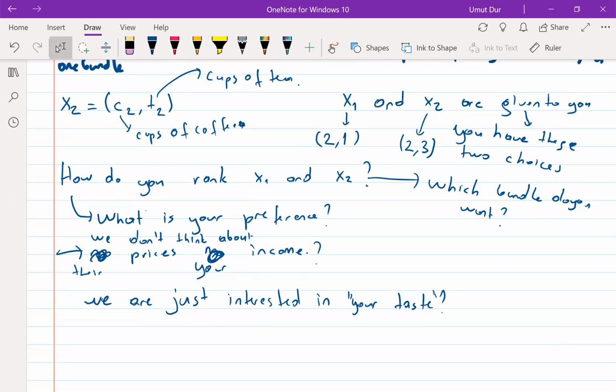So let's make the question more concrete. If you have just one thing to do in a day, you will either consume 2 cups of coffee and 1 cup of tea, or 2 cups of coffee and... okay, this is a silly question, so let's make it more realistic.